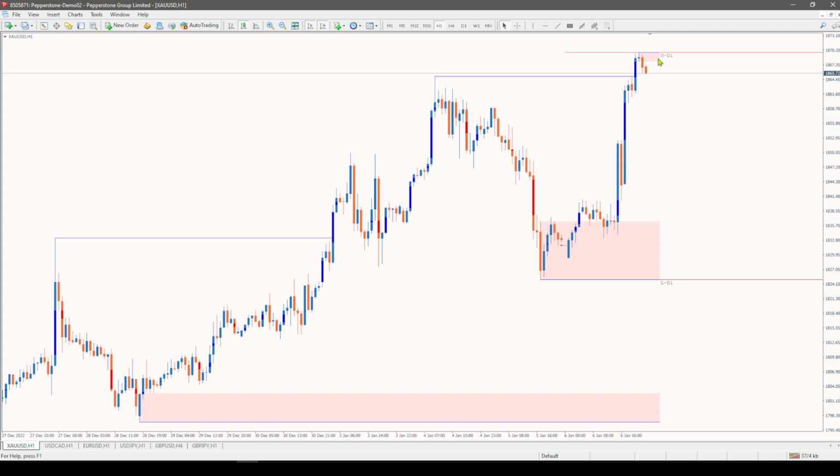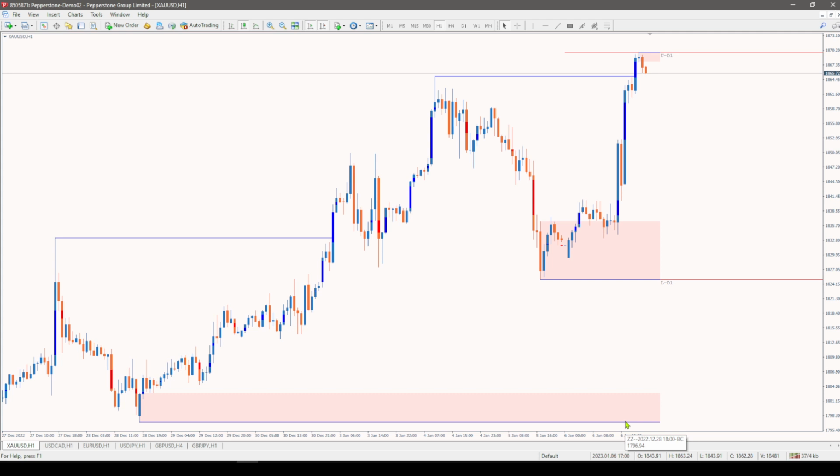If you see any pin bar or engulfing, then you go with the trade. The price action zones basically create the recent zone.